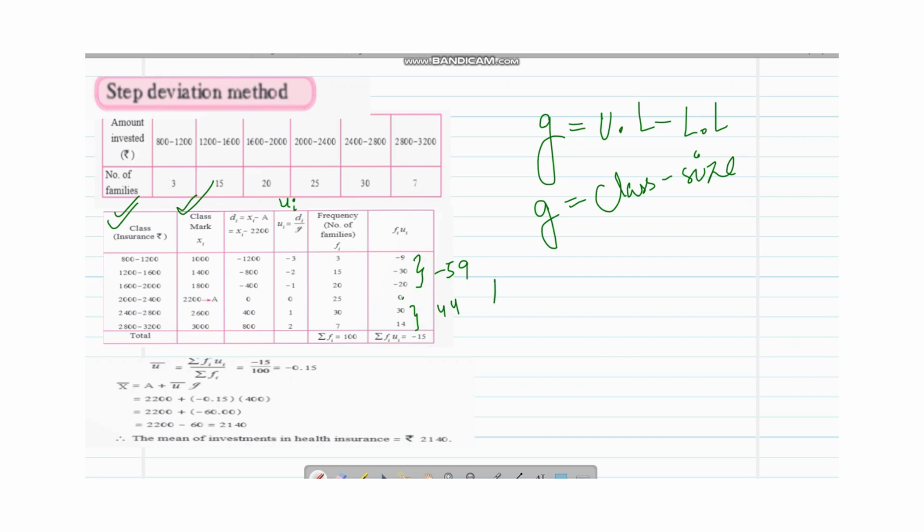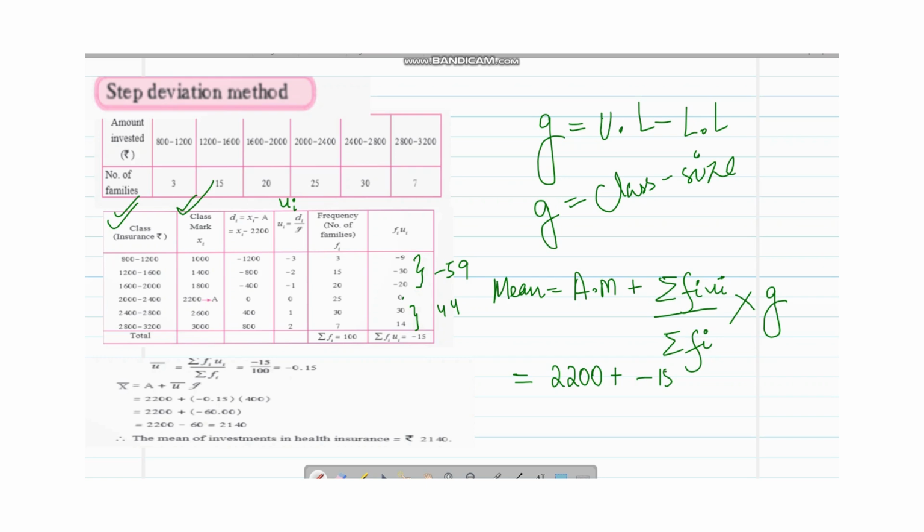Now the formula of the mean in step deviation is same, assume mean plus sigma fiui upon sigma fi, and one more term will be added, that will be multiplication of G. Okay, so assume mean is 2200 plus sigma fiui is negative 15 and sigma fi is 100 and G is 400.